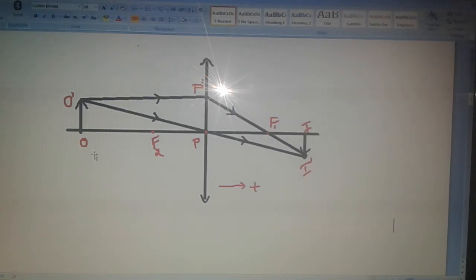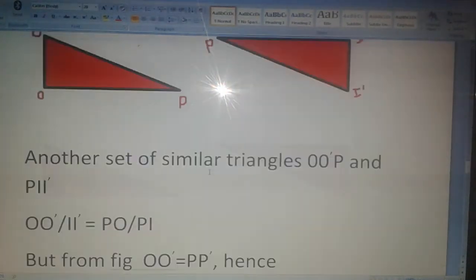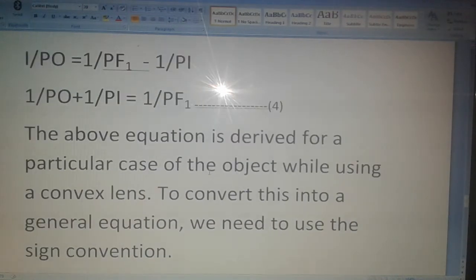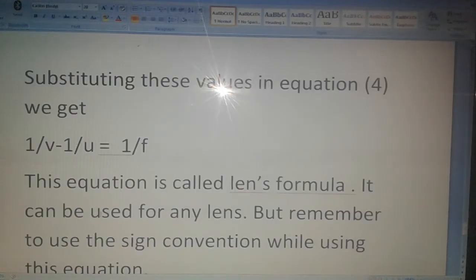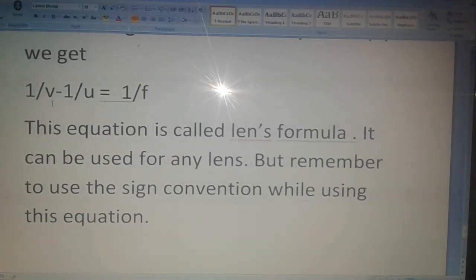So the object distance PO becomes minus U, the image distance is plus V, and the focal length PF1 is F. Substituting, PO is equal to minus U, PI is equal to V, PF1 is equal to small f. We will get the equation 1 by V minus 1 by U is equal to 1 by F. This equation is called the lens formula.